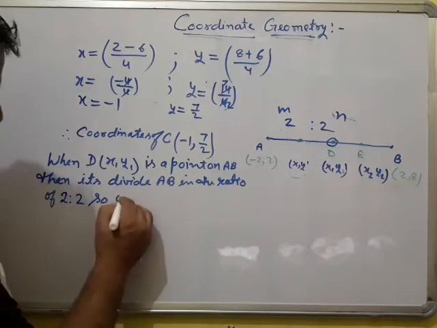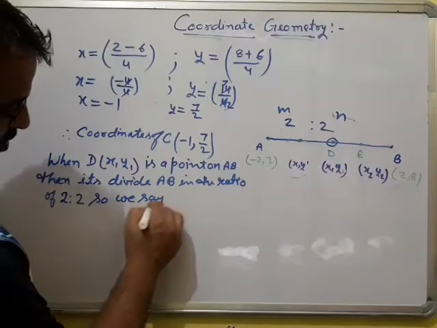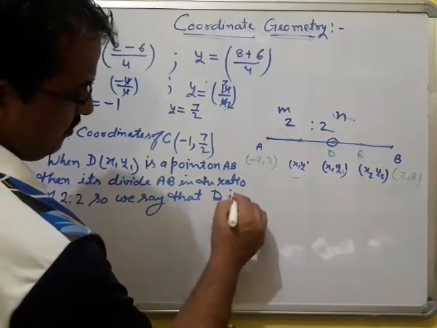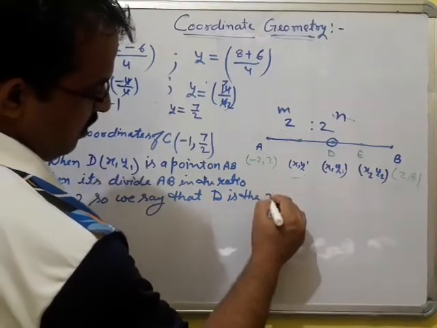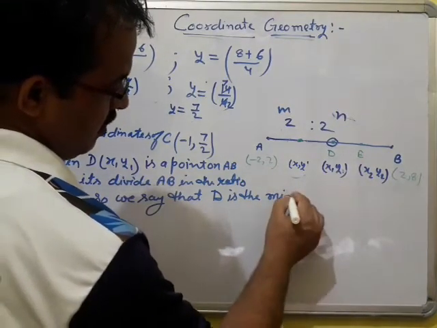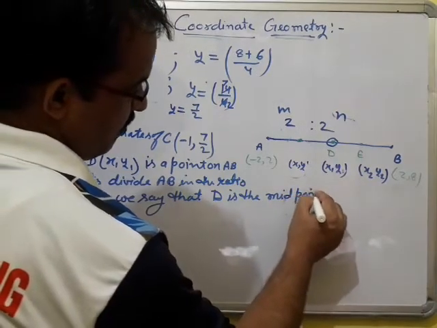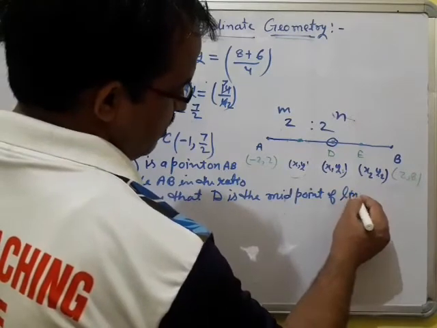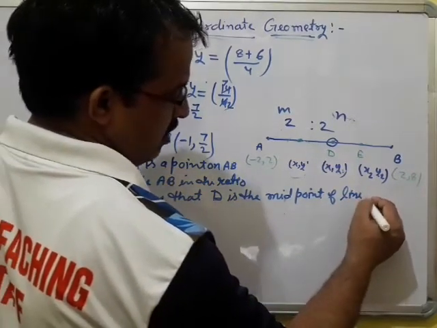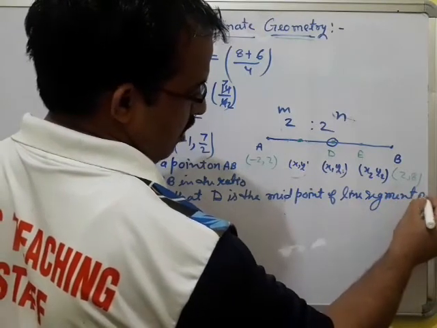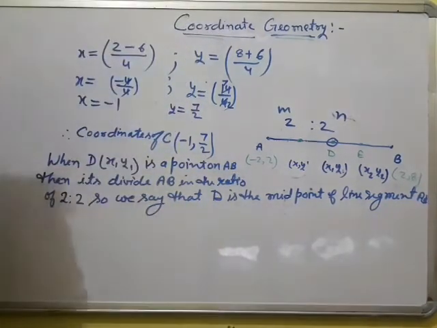So we say that D is the midpoint of line segment AB. D क्या होगा?